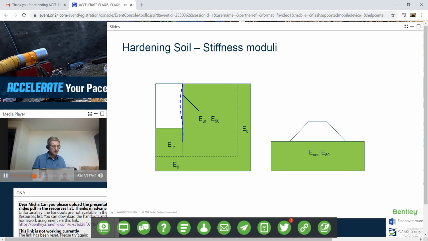Now, in an embankment problem, let's say it's on normally consolidated soil, EUR is of minor importance. The E odometer and the E50 are the most important ones. If it's a wide embankment, in the middle of the embankment, the soil is mostly one-dimensionally compressed. So E odometer is the most important stiffness parameter there.